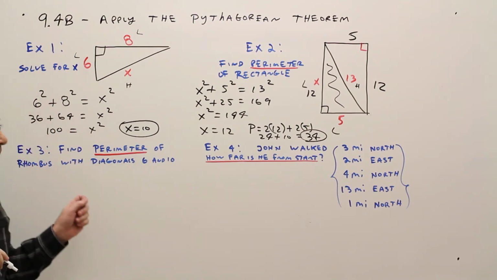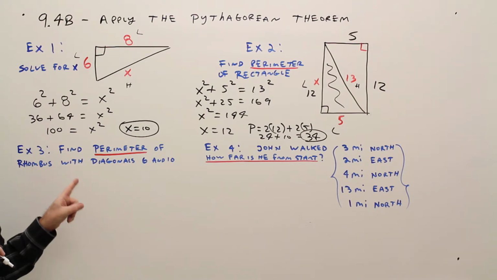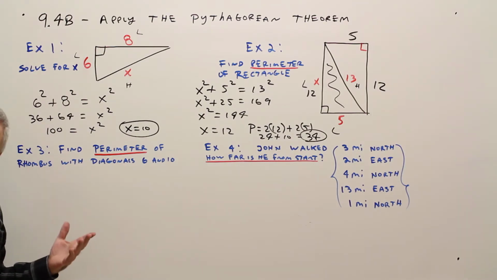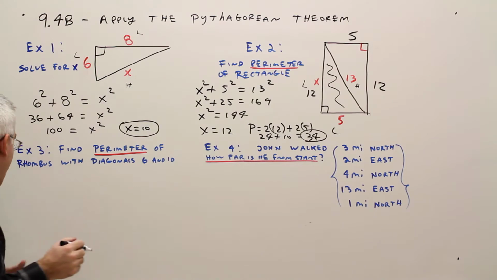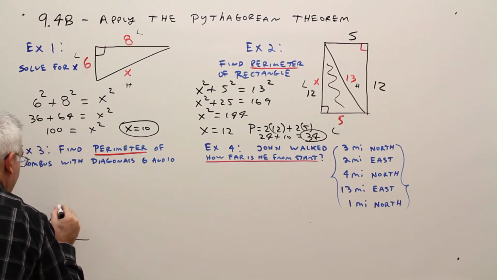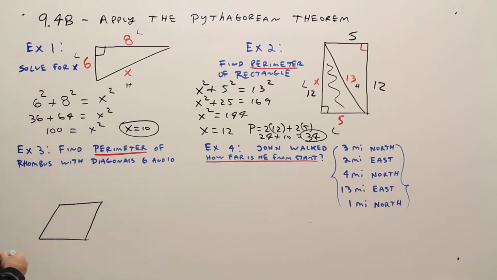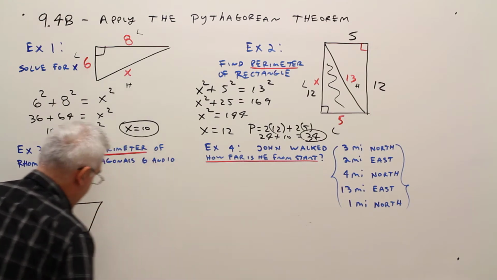Okay, example 3. Find the perimeter of a rhombus with diagonals 6 and 10. I'm a visual person. I'm going to draw a rhombus. All right, so like that, like that, like that, like that. Doesn't have to be exact. I'll draw in some diagonals.